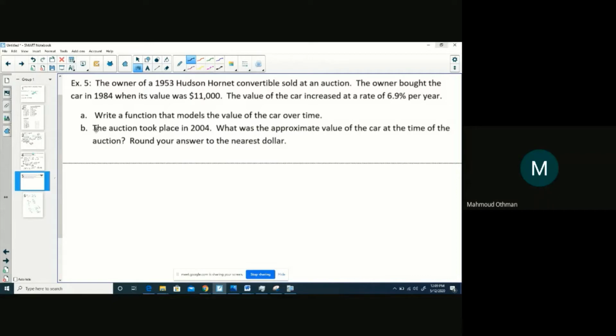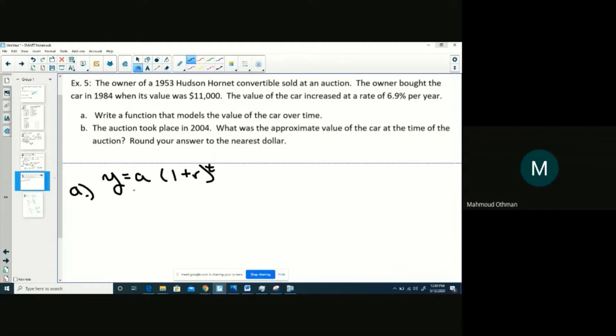So the first thing we need to do is write the function. When you're given a starting value, or initial amount, and a percent increase, you're going to use the exponential growth function, which is y equals a times the quantity 1 plus r raised to the t.